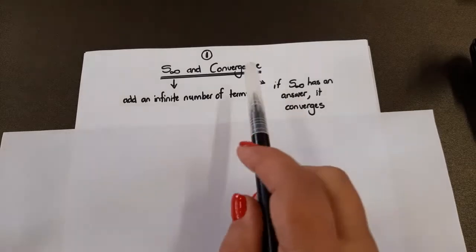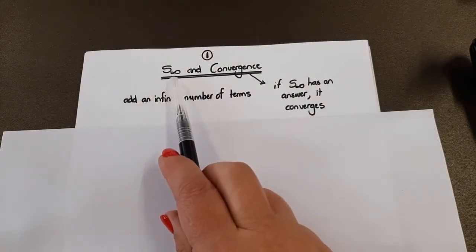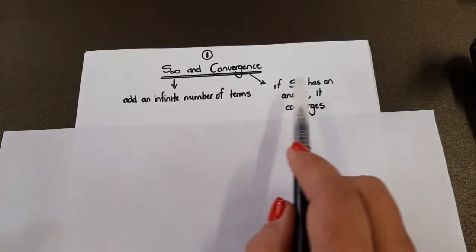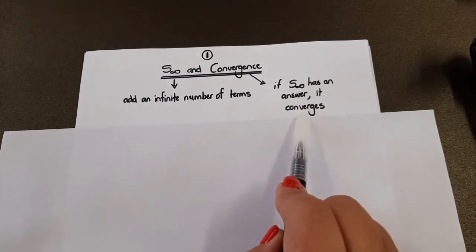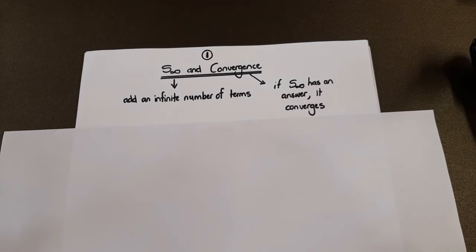So if this sum of an infinite number of terms has an answer, it converges. That means it goes nearer and nearer to a certain value or a certain answer, so that you can say, okay, this answer is 7 or 8 or 5 or whatever.